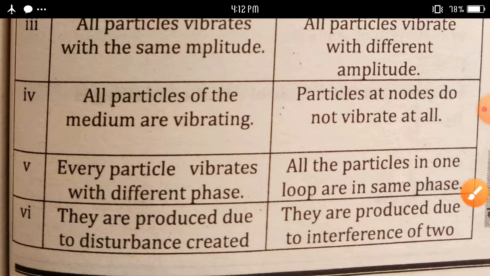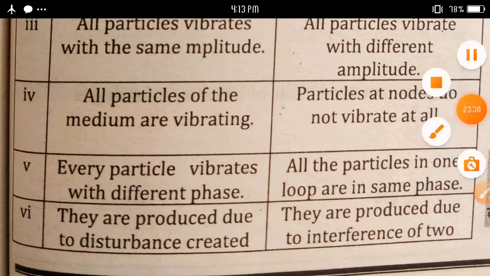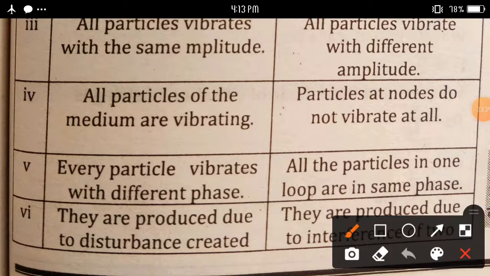And the last one: progressive waves are produced due to disturbance created by the source.